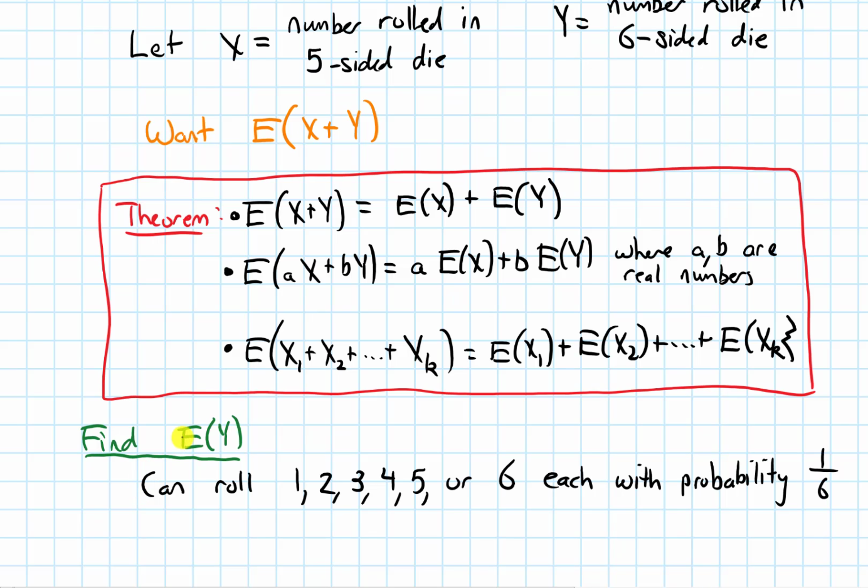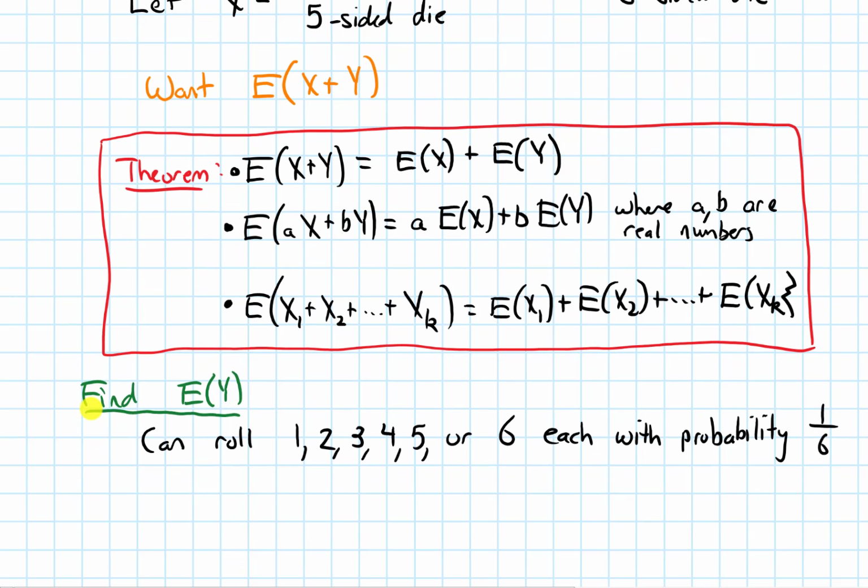To find the expected value, I need to know each of the values of my variable, which can be any integer from 1 to 6. And I need to know the probability of each of those values occurring. Now I can form my expected value of y.